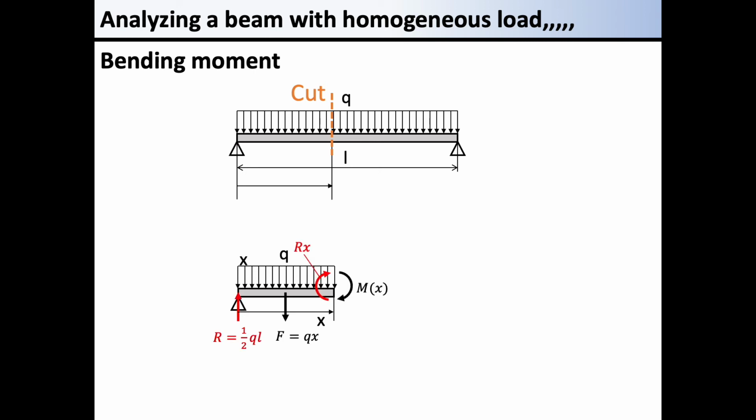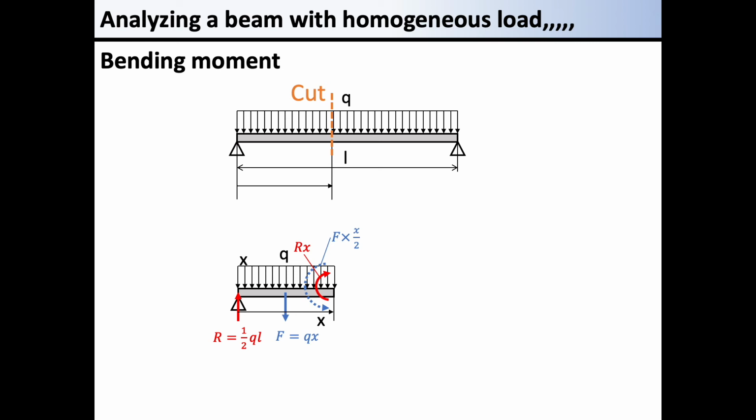From the left, R acts on the beam. We are considering the moment caused by this R at this cutting position. The moment Rx is the product of the force R and the length of the arm. The force F, which is Qx, is acting on the beam downward at the center of gravity.